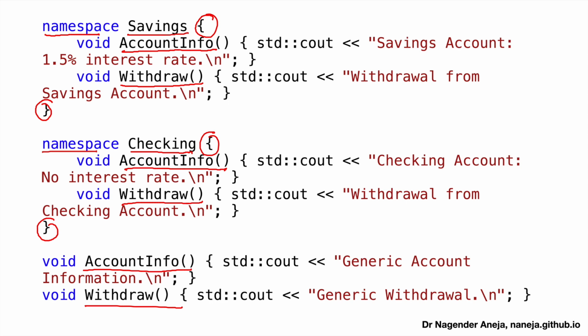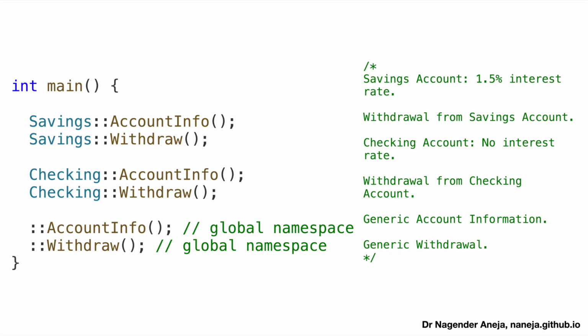The first is used for the savings account, the second is used for the checking account, and the third is used for all other accounts. When you call these functions in main, if it's a savings account, you can say savings, scope resolution operator, account info.